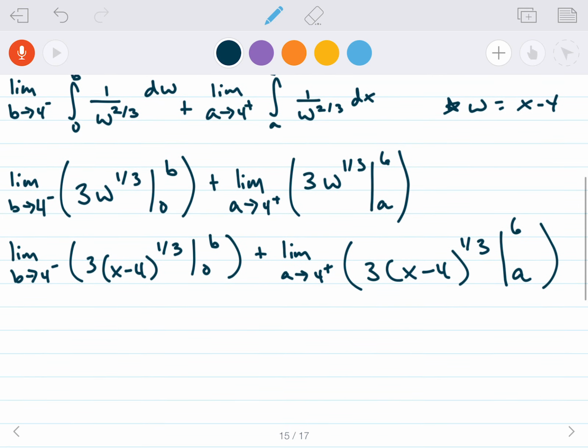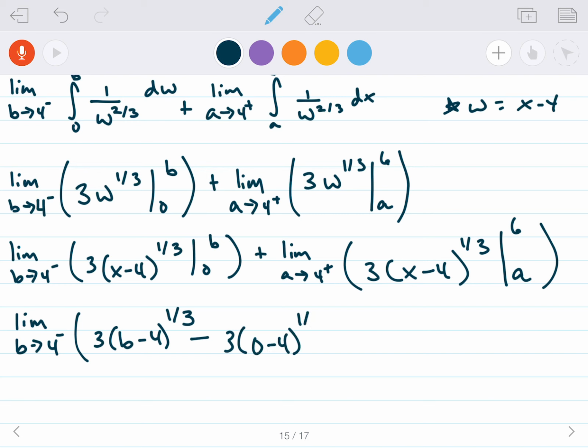Okay. So evaluating this thing, I get 3 times (b minus 4) to the 1/3 minus 3 times (0 minus 4) to the 1/3.